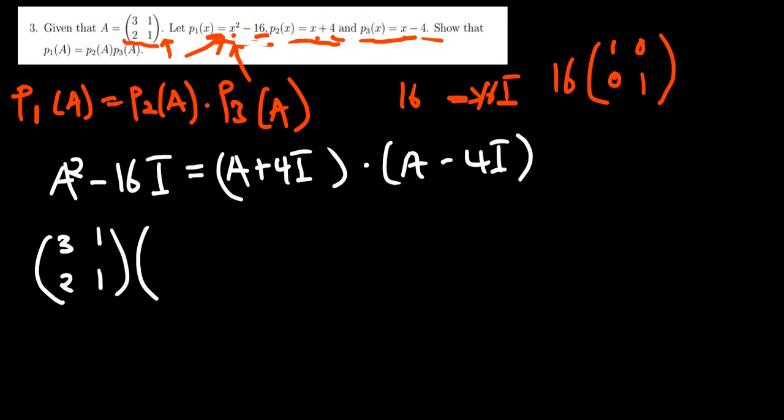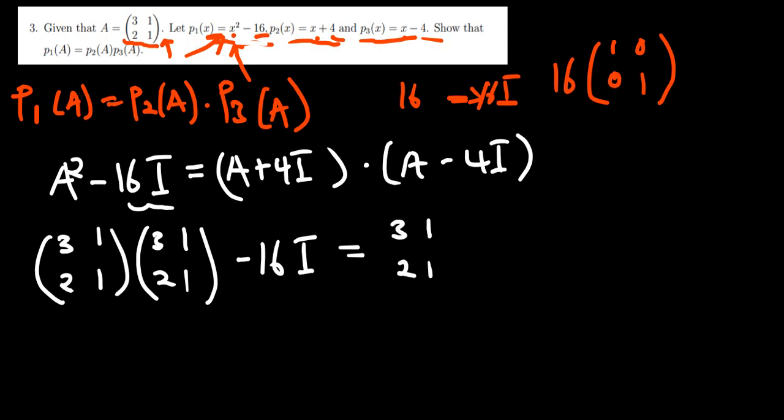So we are going to have [3, 1; 2, 1] times itself, and then minus 16I. This is equal to, on the other side, [3, 1; 2, 1] plus 4 times the identity matrix, multiplied by [3, 1; 2, 1] minus 4 times the identity matrix.